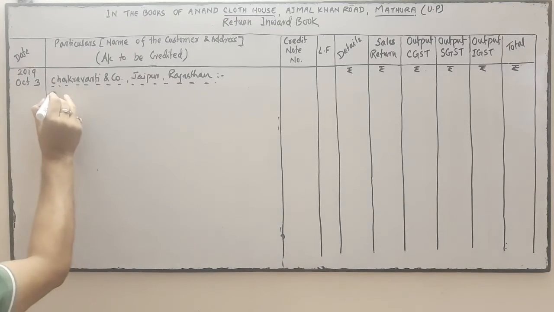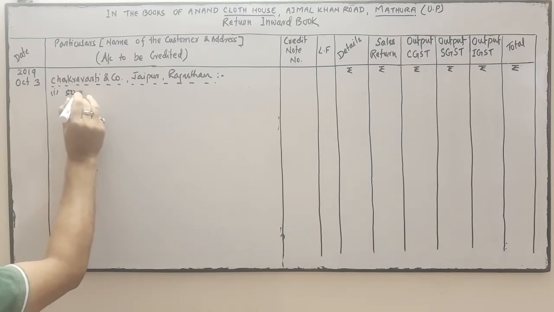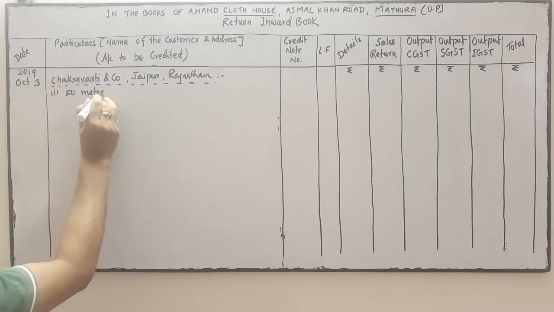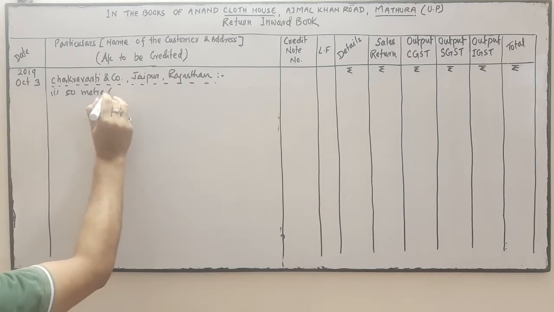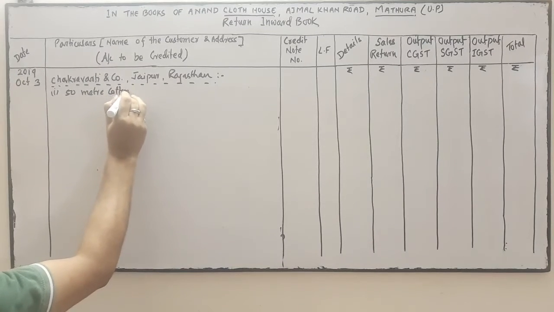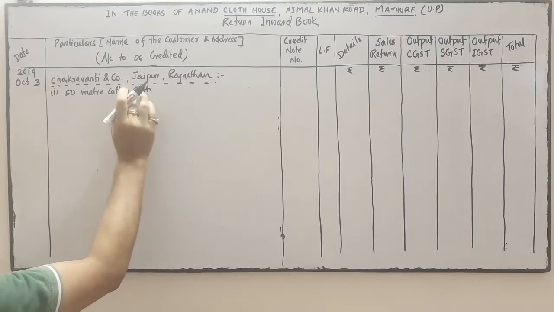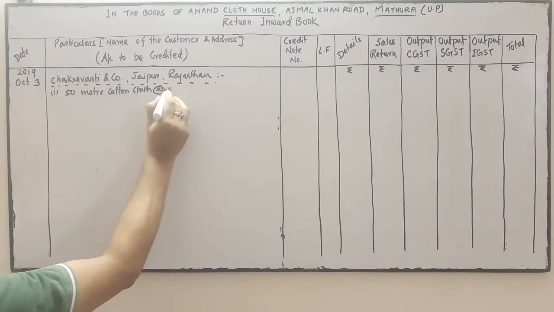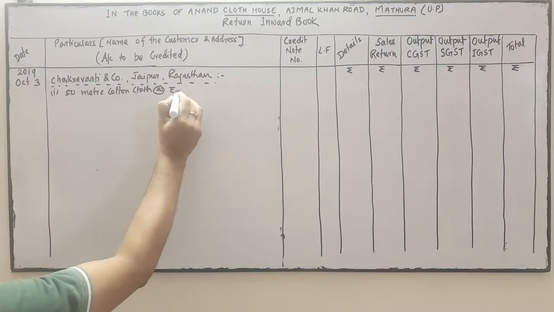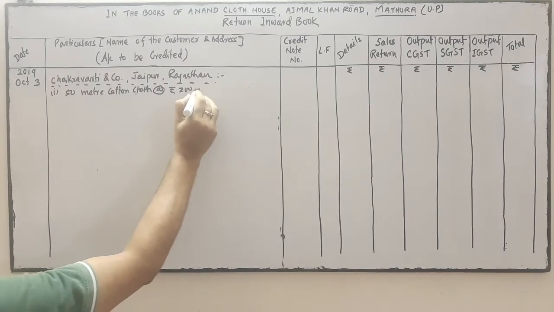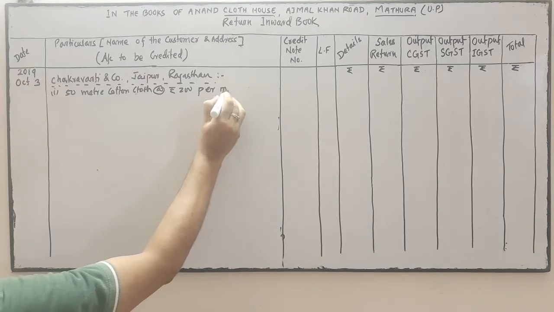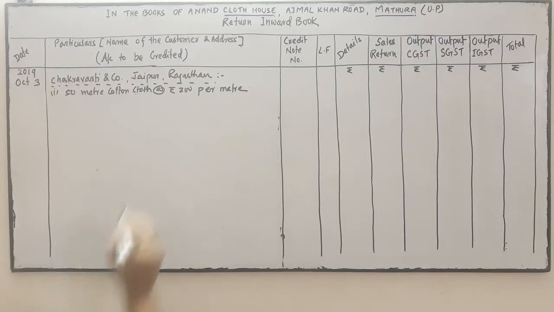So 50 meter, number one, cotton cloth at the rate of rupees 200 per meter.